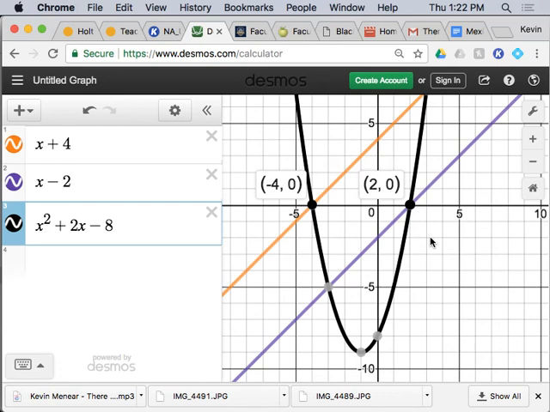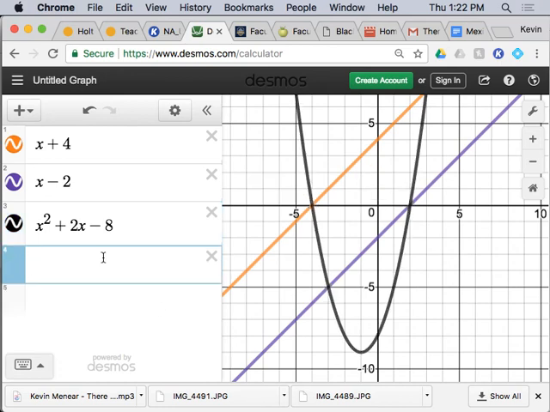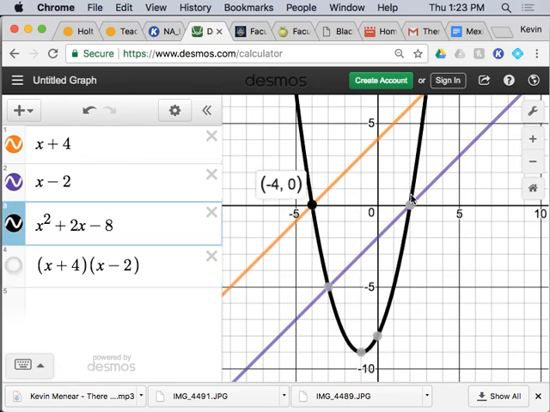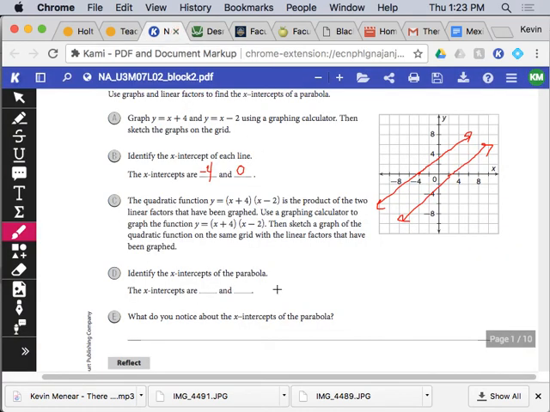Okay. So another way we could have written this is the way it started, which was x plus 4 times x minus 2, and we notice that those are exactly the same. You see? So that's the big idea, that the zeros of a quadratic function and the zeros of its linear factors are the same.